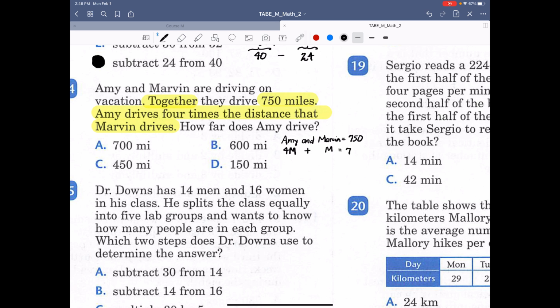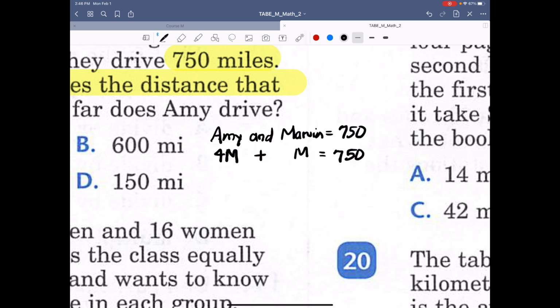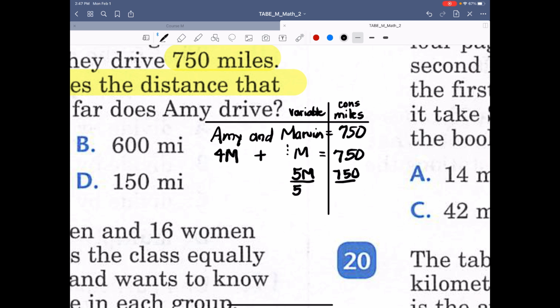So here is the problem that we need to solve. And this is an equation, so I'm going to draw my power T. This is the miles, the constant. And this is the variable. So 4m plus another m, and you can put your ghost in there if you want. That's 5m equals 750. Divide by 5.